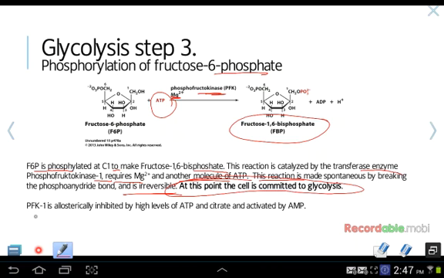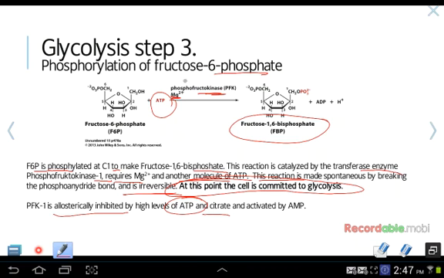Now, phosphofructokinase, or PFK1, is allosterically inhibited by high levels of ATP and citrate. ATP and citrate are both byproducts of pyruvate oxidation. So if we have enough ATP and we generate a lot of citrate, that indicates that the cell has enough energy that it needs, and it doesn't need to break down any more glucose.